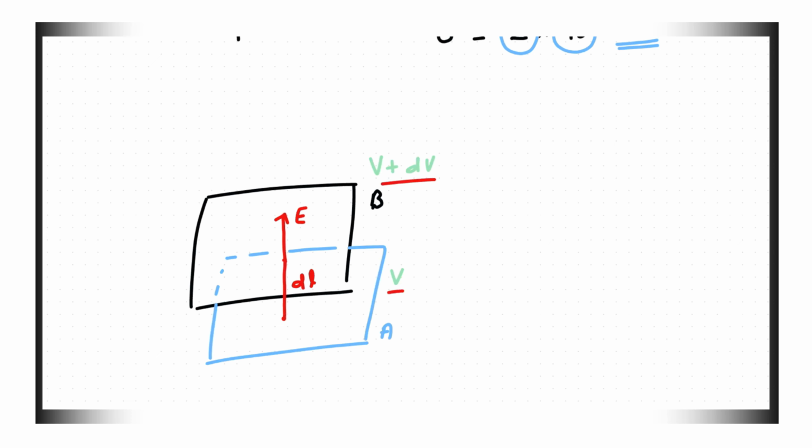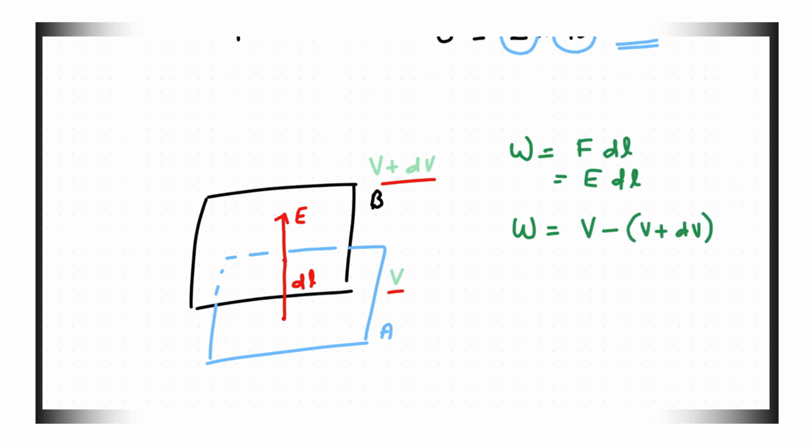We write the expression for work done as force into displacement. That will become E into dl, because force means electric field. What is the next expression for work done? Change in potential, that means V minus V plus dV, since we are moving it from V to V plus dV.